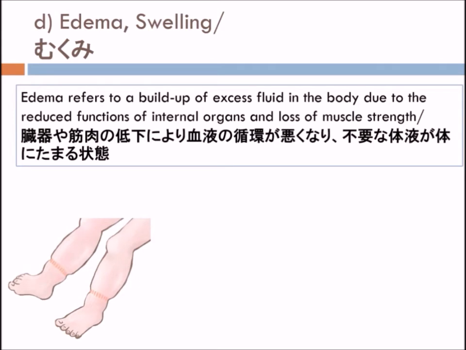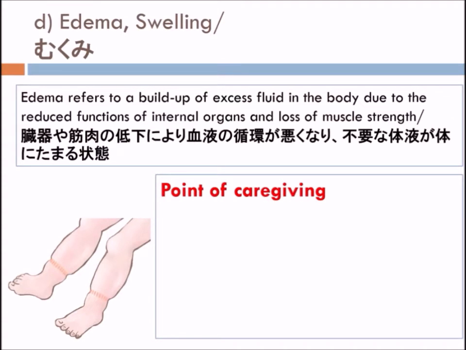Edema, swelling. Edema refers to a buildup of excess fluid in the body due to the reduced functions of internal organs and loss of muscle strength, caused by reduced strength of lower limb muscle, reduced functions of the heart and kidney, undernutrition in elderly people, prolonged maintenance of a sitting position, etc. Symptoms are weight gain, etc. Point of caregiving.